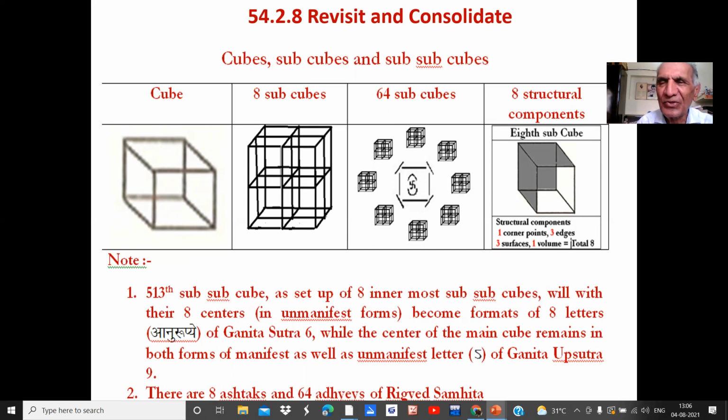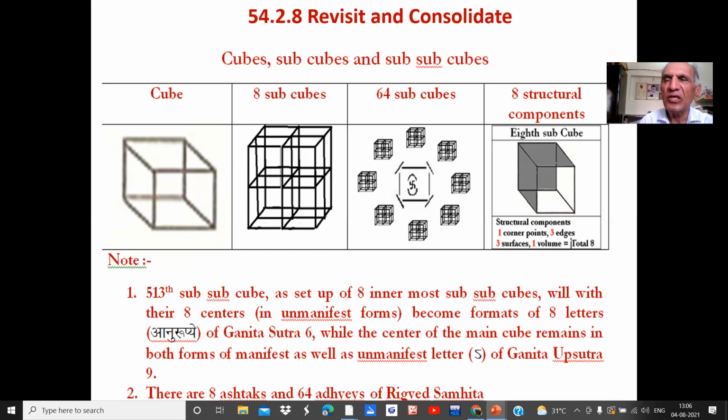So, these are in manifest as well as in unmanifest form. These are in unmanifest form as these are not becoming the components of structures of these subcubes. However, these are specific and manifest as each cube, subcube and subcube is having its center.